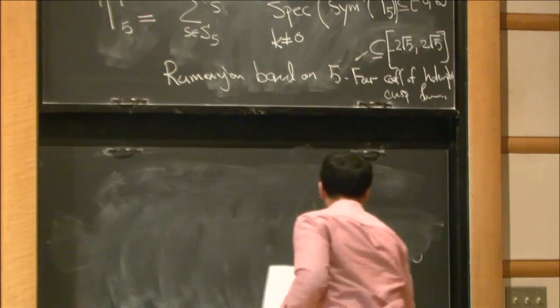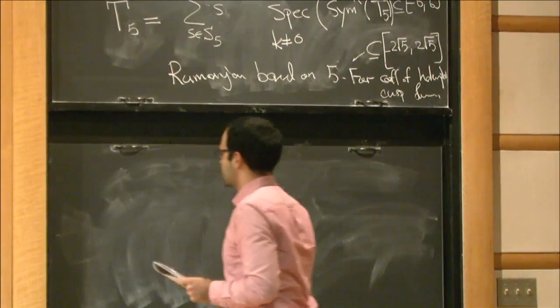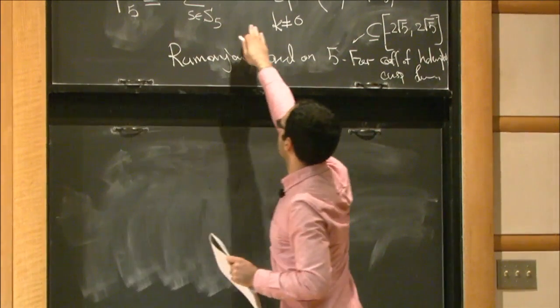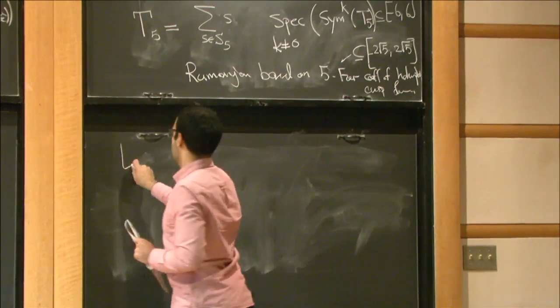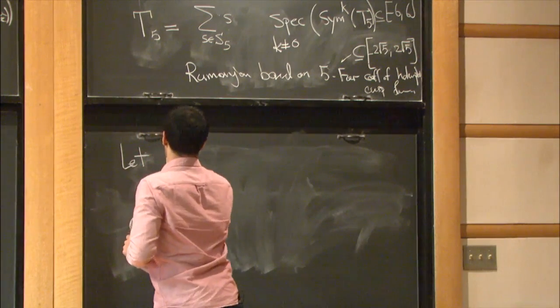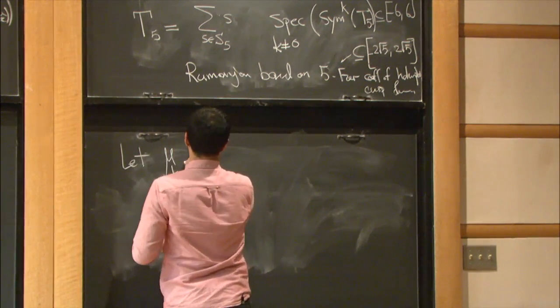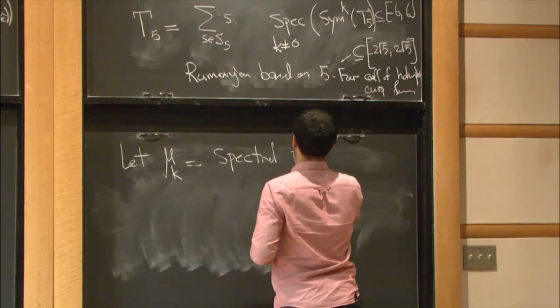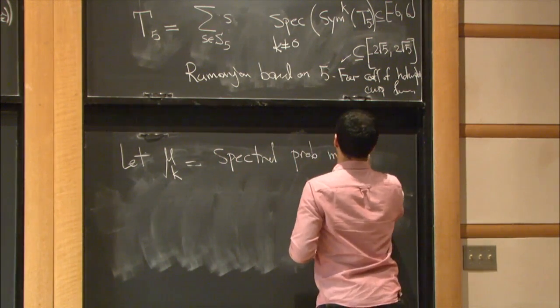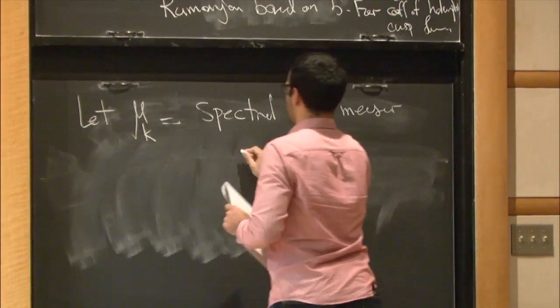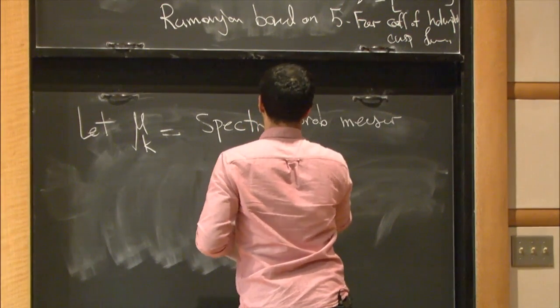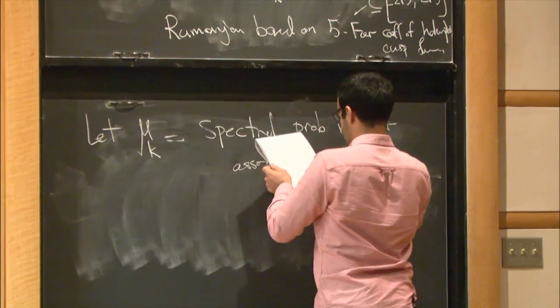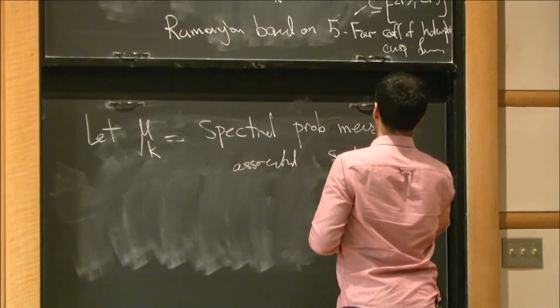So I'm going to introduce a spectral measure. Let mu k be the spectral probability measure associated to this symmetric matrix, sim k of T5.